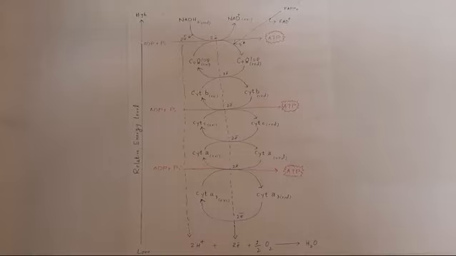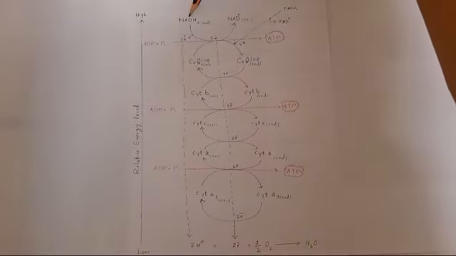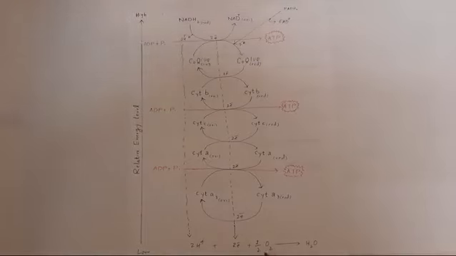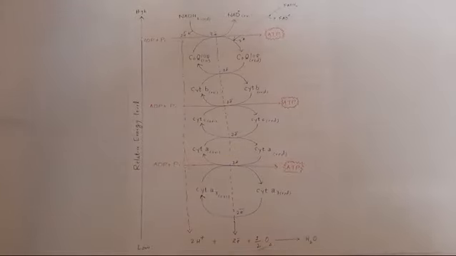As you know, the last step in aerobic respiration is the oxidation of reduced coenzymes NADH2 and FADH2 produced in glycolysis and Krebs cycle by molecular oxygen, this one, O2.